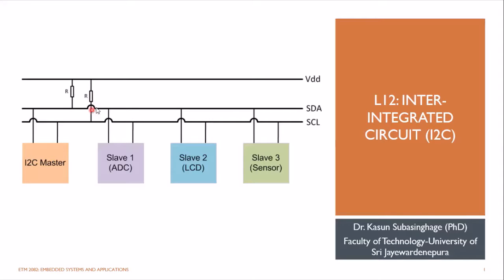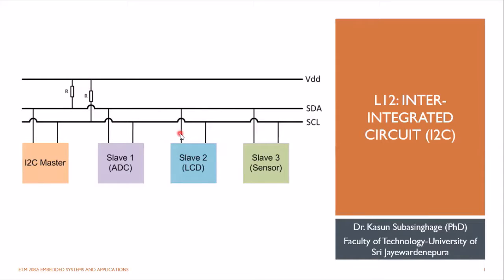The value of these pull-up resistors should be carefully chosen based on the distance of your line. If you are communicating over long distances, you need different values. If it is a short distance, this R could be changed, and R could also be selected depending on the speed at which you want to communicate with these devices.